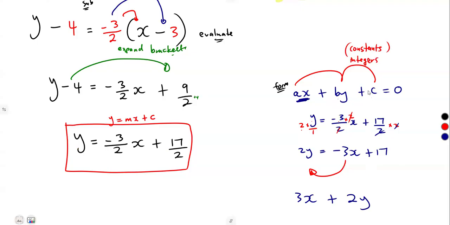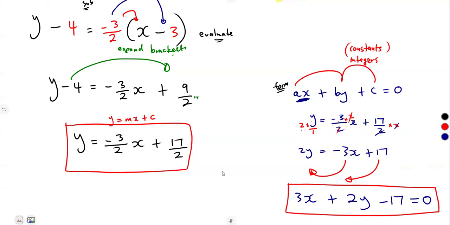Then the constant, c is the constant. So that is the 17. We take it to the other side because all terms are on the left-hand side. So you take the 17 to the other side, it's going to be negative 17. It changes the sign. So that's equal to 0. One side is equal to 0. So that is the same equation that we had there. It is the same equation, but only written in different forms.